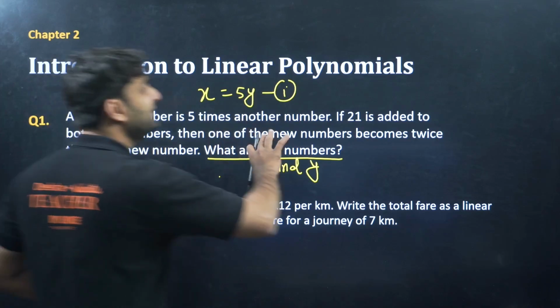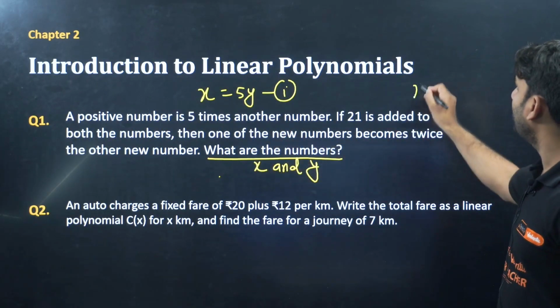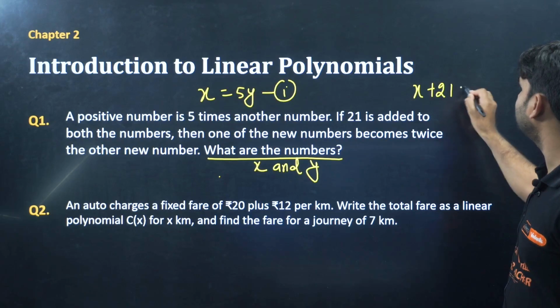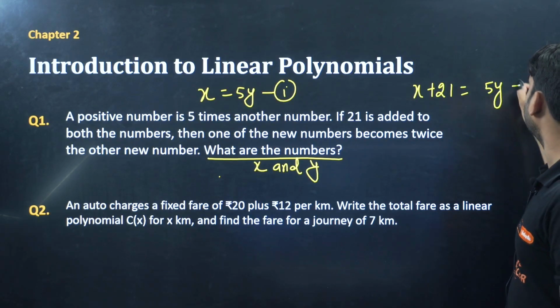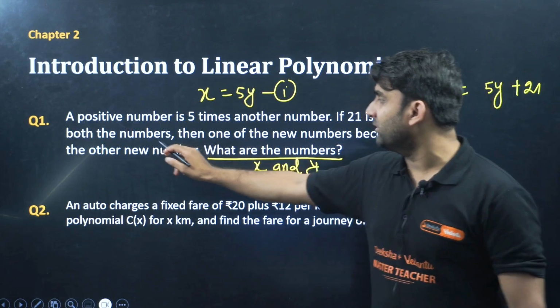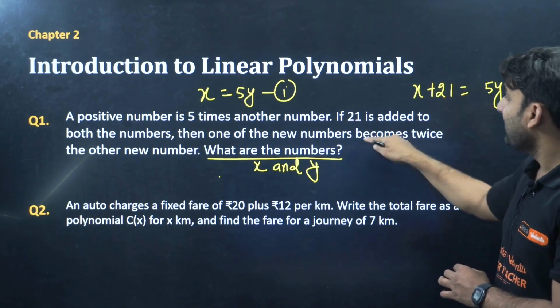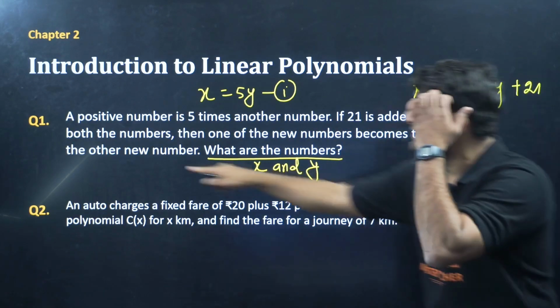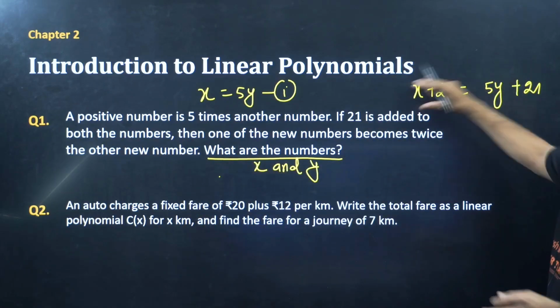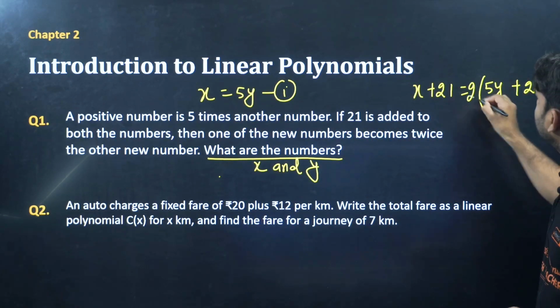When 21 is added to both the numbers, here also and here also, then one of the new numbers becomes twice the other number. So one of the new numbers becomes twice the other. So this will be the equation.